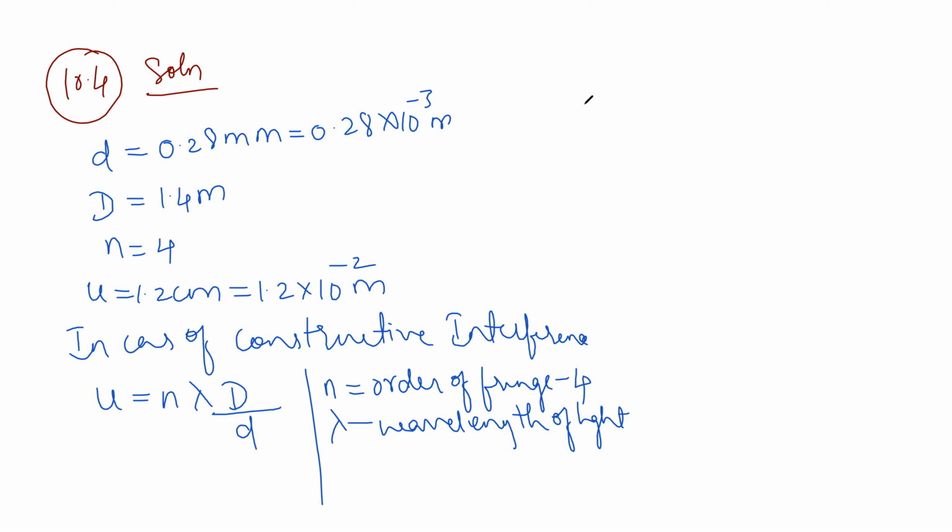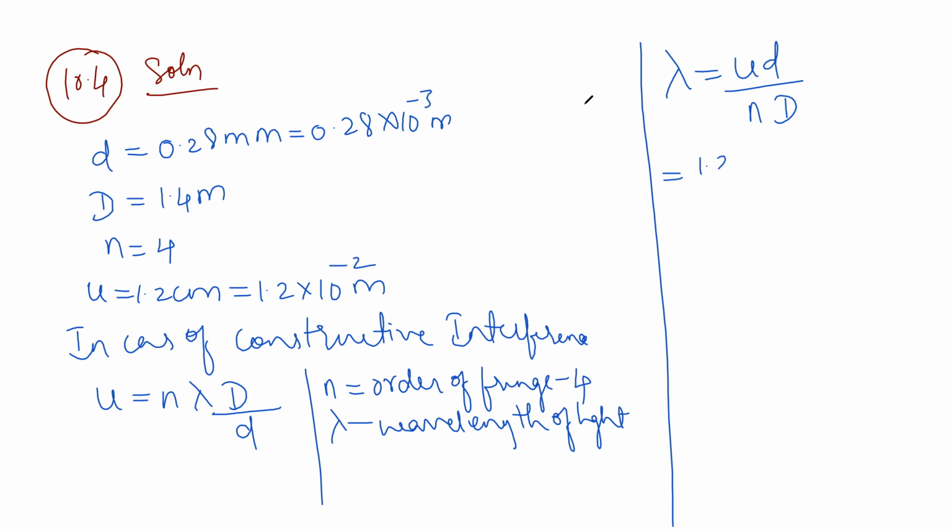So therefore, the wavelength is given by the formula lambda is equal to u d divided by n into capital D. So substitute all the values. u value is 1.2 into 10 to the power of minus 2, d value is 0.28 into 10 to the power of minus 3, divided by n is fourth order, into capital D value 1.4.